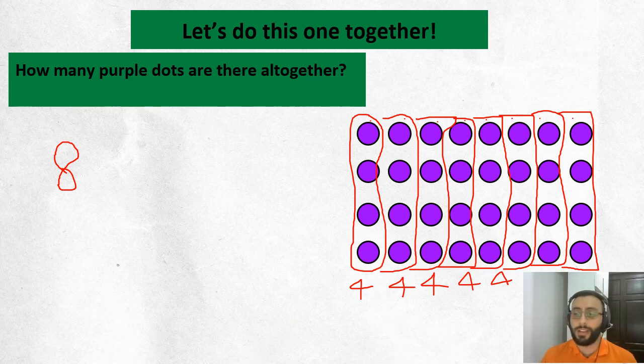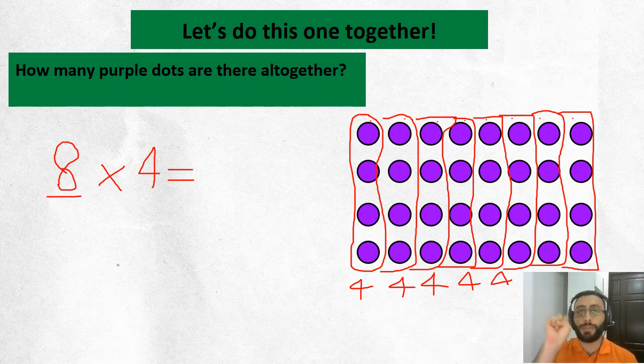So instead, we say, hey, we have 8 groups of 4. So 8 times 4. And what is 8 times 4? I hope you remember. 8 times 1, 8. 8 times 2, 16. 8 times 3, 24. And 8 times 4 is 32.